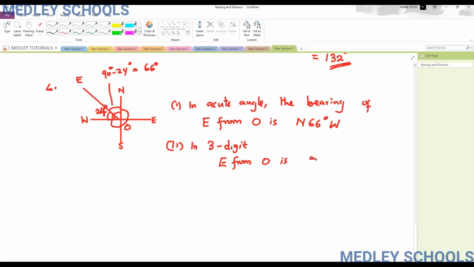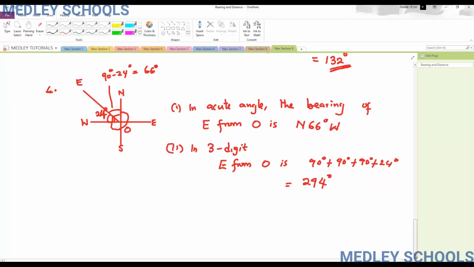We have 90 plus another 90 degree plus another 90 degree, then plus from west to the line, which is 24 degree. So when you add everything together, you have 294 degrees. So that means the bearing of E from O is 294 degrees. That is in 3 digits method, which is also known as surveyor's method.